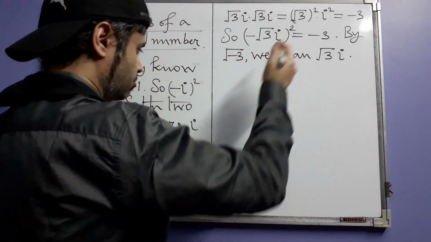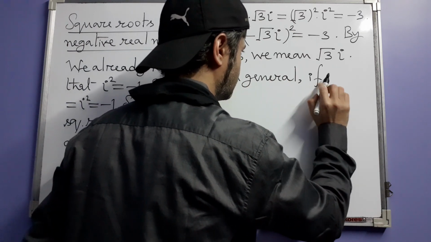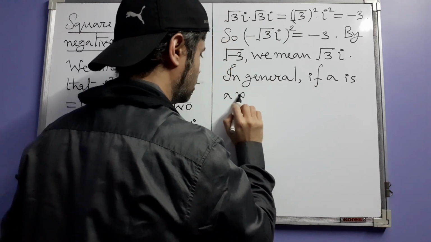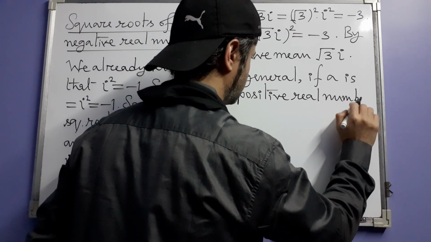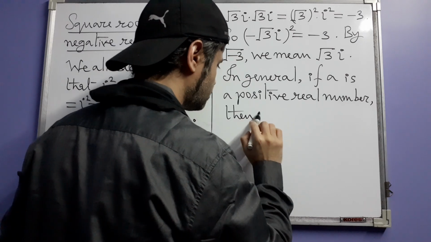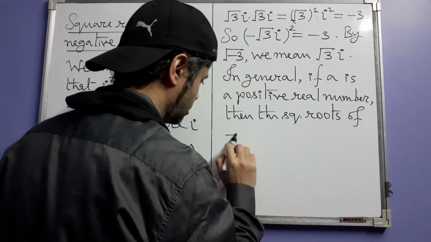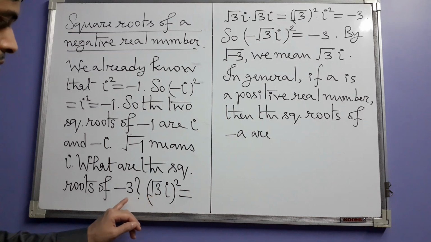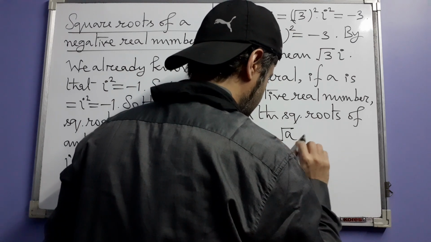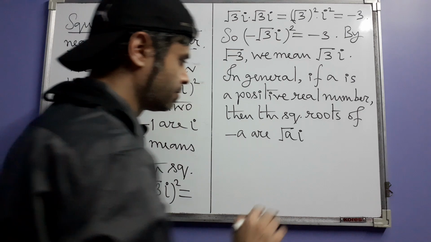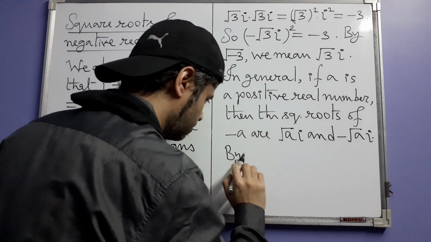In general, if you do this same procedure, if a is a positive real number, then the square roots of minus a are square root of a times i and minus square root of a times i.